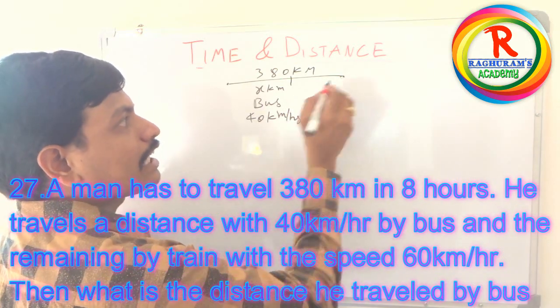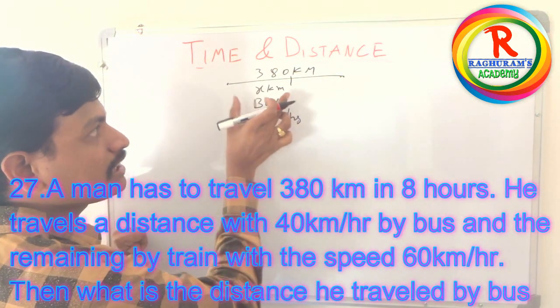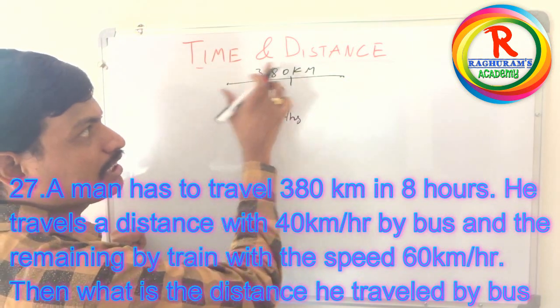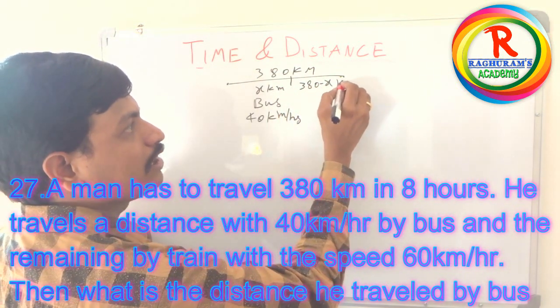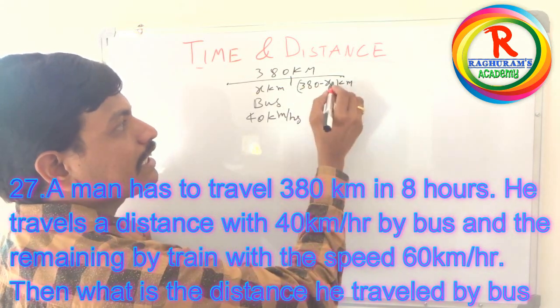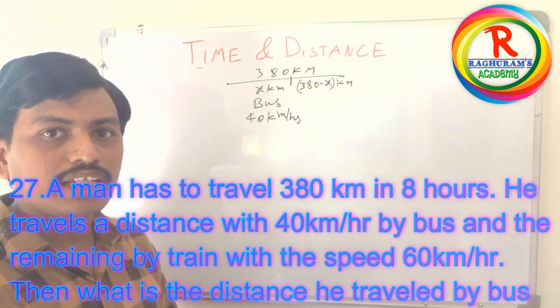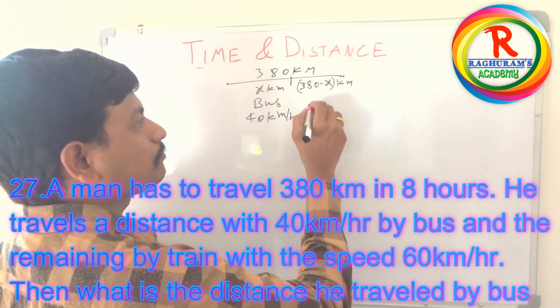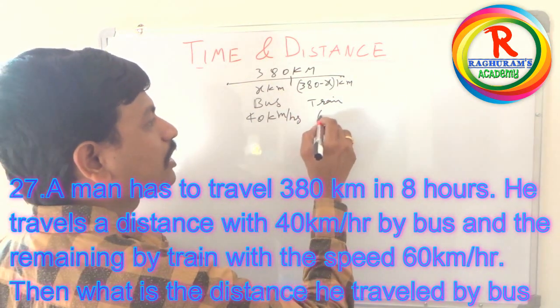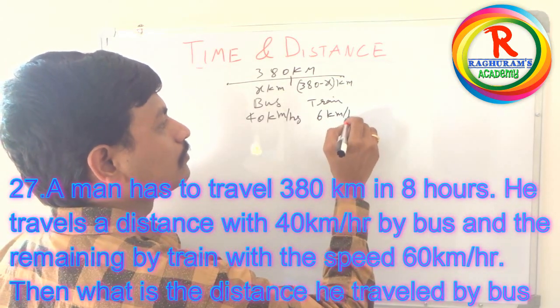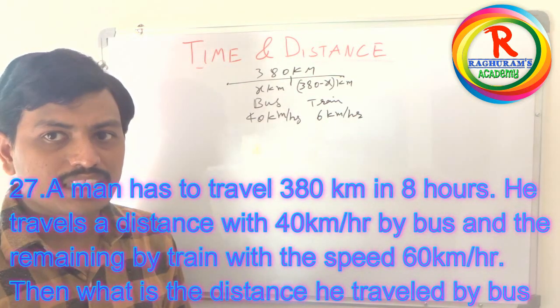And what will be the remaining distance? First part is x, total is 380, then the remaining distance is 380 minus x kilometers, by train. What is the speed? 60 kilometers per hour.